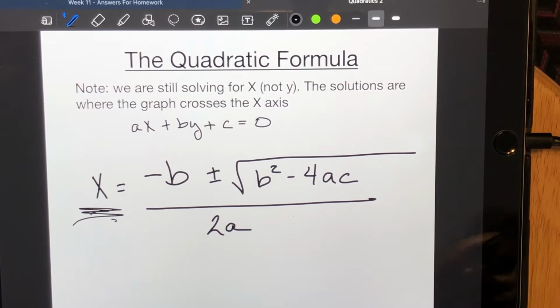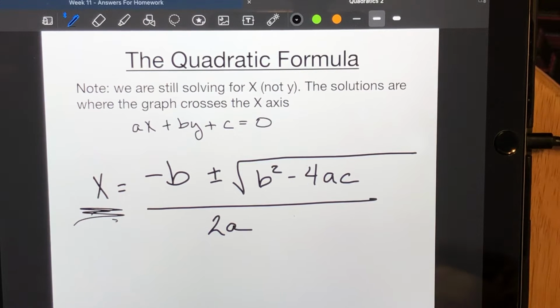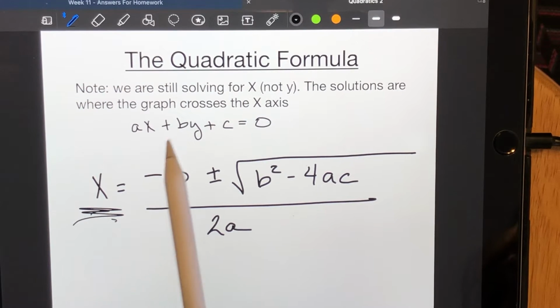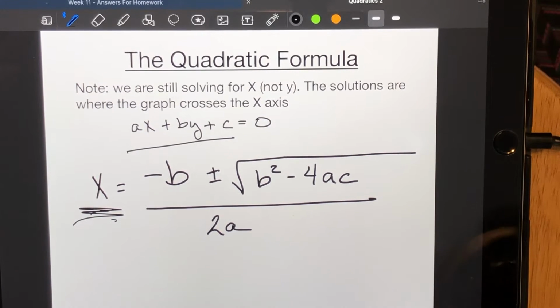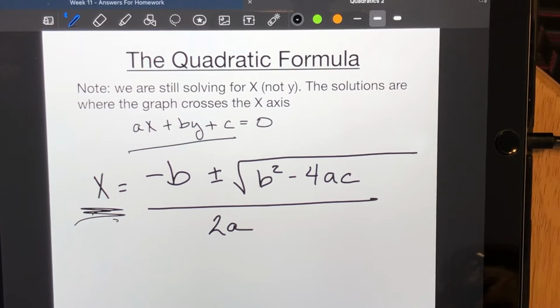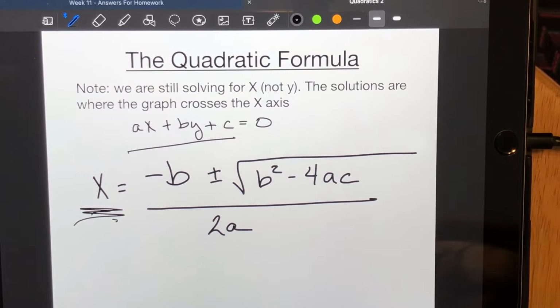Okay, the number one rule for using the quadratic formula is that your equation must be in standard form. All of your terms must be on the exact same side. If they are not all on the exact same side, you must get them all on the exact same side. Okay?